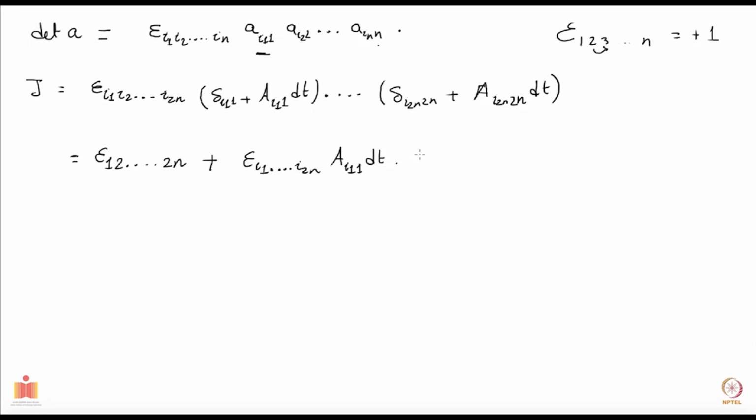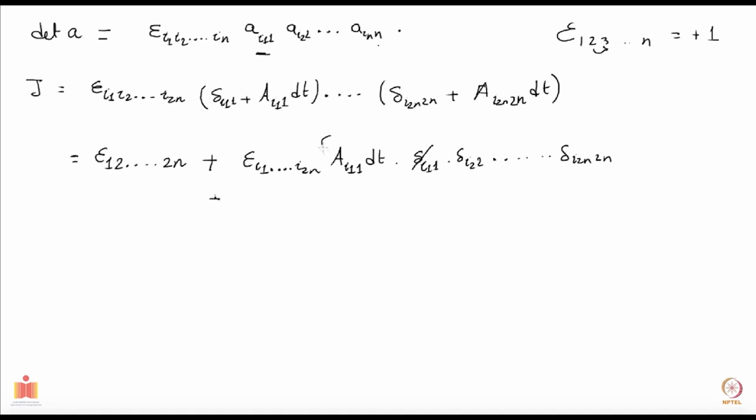So you'll have delta, I'm just writing delta_{i1 1} also, but it is not there. I will just strike it off. Then i2 2, and similarly you proceed and go up to i_{2n} 2n. Okay, and this factor is missing in this one.